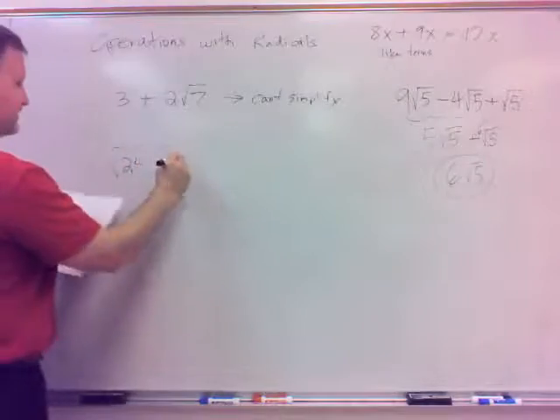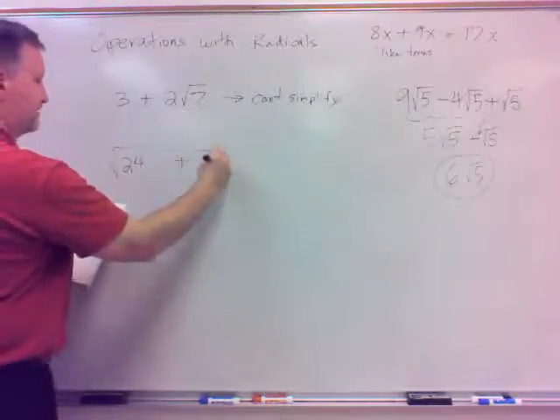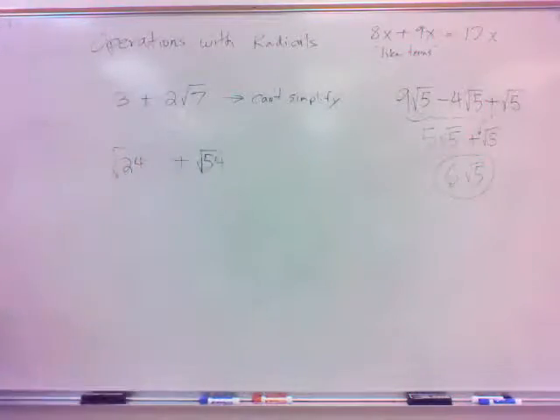there are some others that are a little bit tricky. Square root of 24 plus the square root of 54. Can't combine those, obviously. However, yes, these can be each individually simplified, can't they?